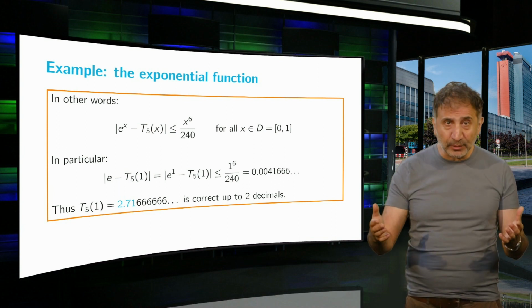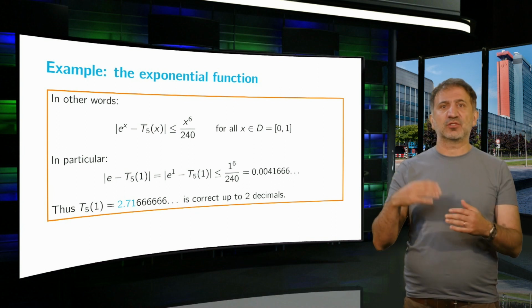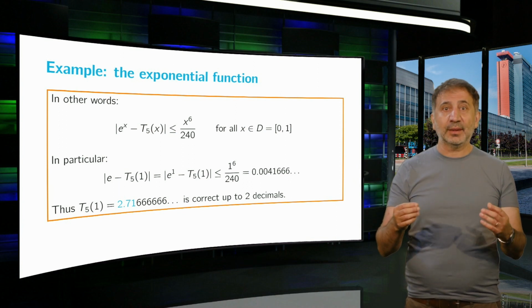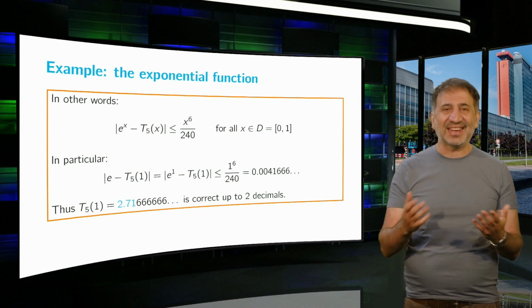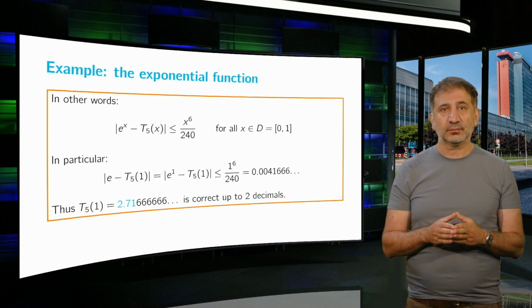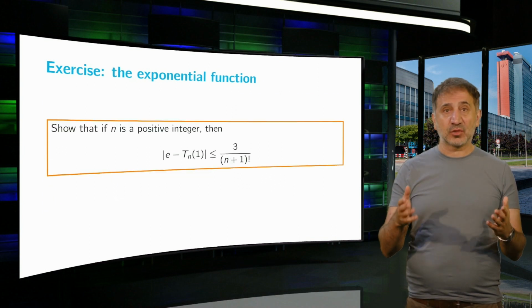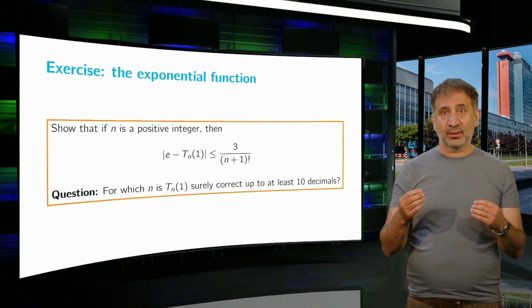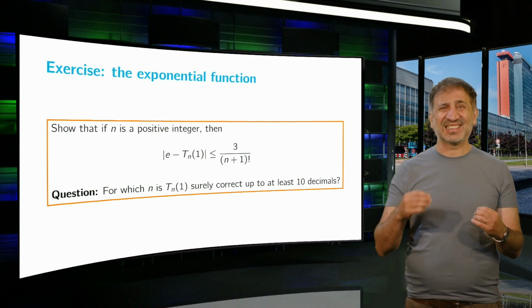To get an even better approximation, one can use Taylor polynomials of a sufficiently high order. This is precisely the way a scientific calculator actually calculates e to the x for any x. We finish this video with the exercise on the screen. What do we need to take for n if we want to approximate the number e up to at least 10 decimals?